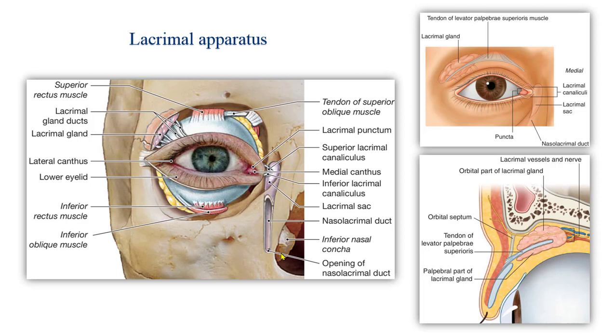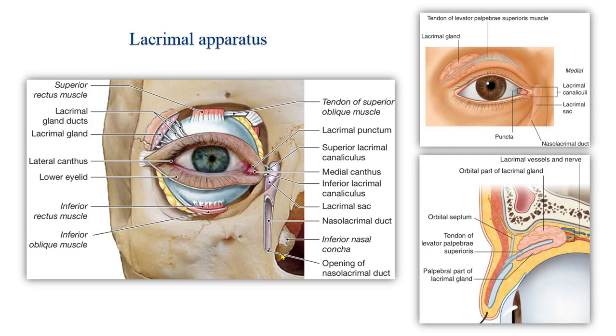Some of this excessive fluid will overflow and roll down our cheeks, and the rest will still try to drain through the nasolacrimal duct. But because there are so many more than normal, the tears continue running right out of our nostrils.